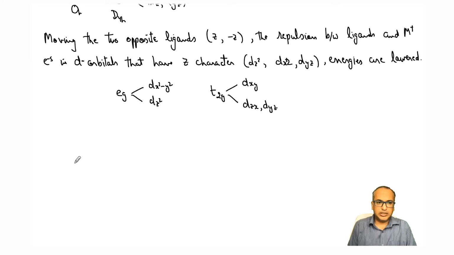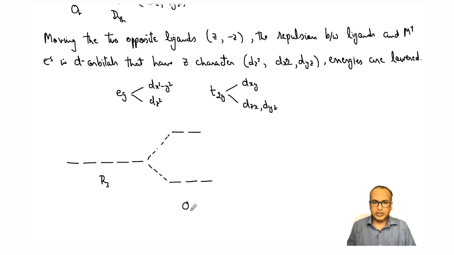So let's start from an isolated atom, an isolated ion with R3 symmetry, spherical symmetry. From here we actually go to the octahedral case, which can be written like this. So this is my octahedral case, and this is the T2G set, and this is the EG set.